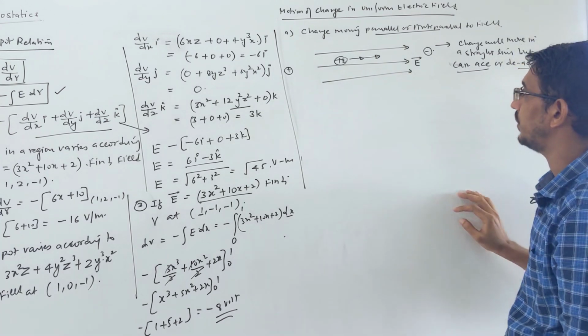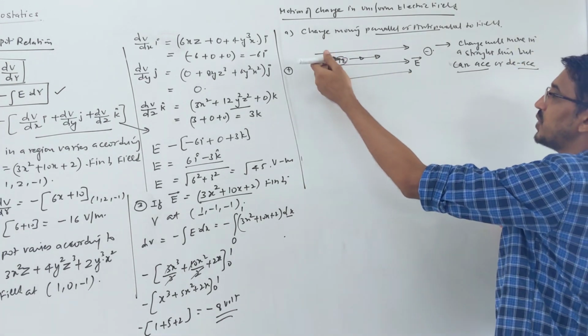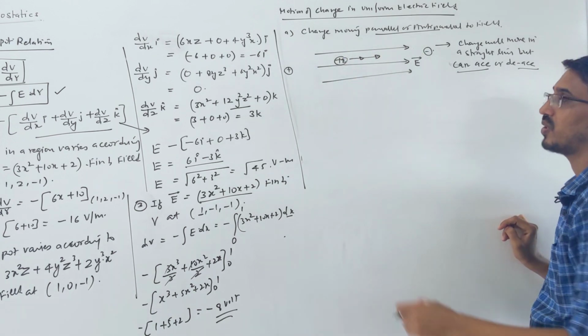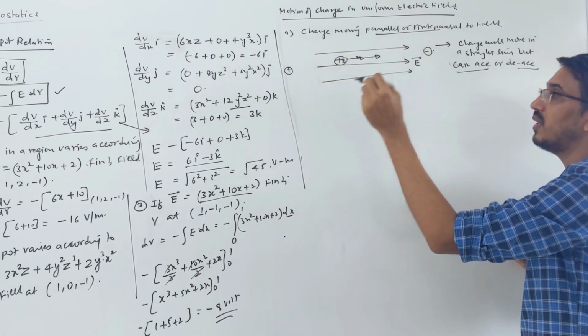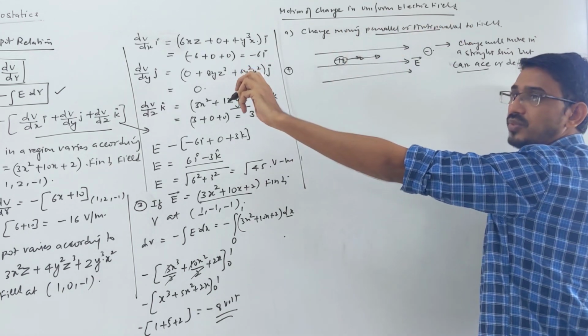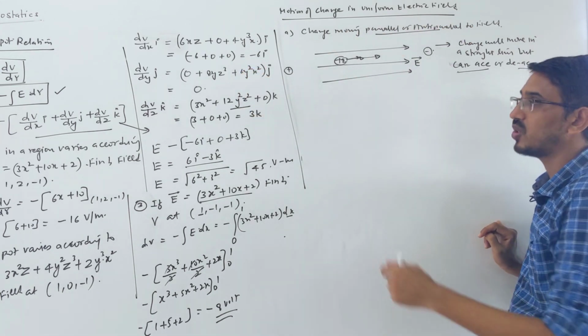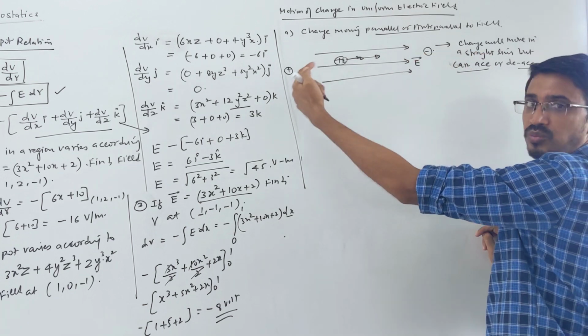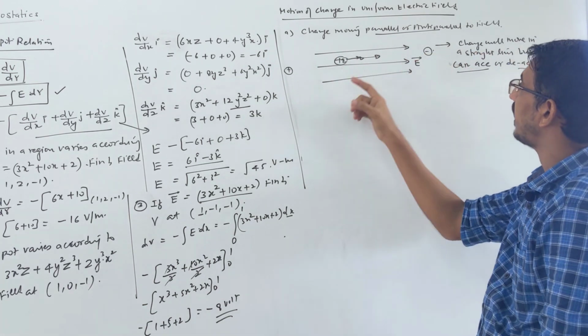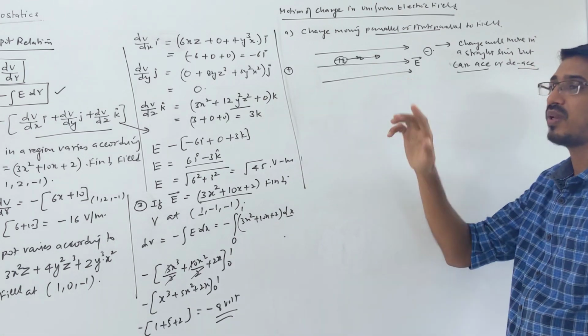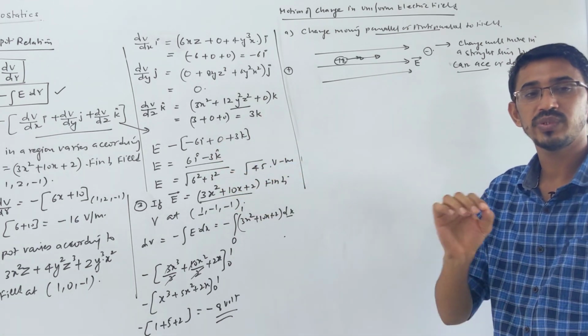So if you fire a positive charge in this direction, its velocity will increase, because the electric field is in this direction and the force qE will be in this direction only. But a charge fired in that direction, its velocity will decrease, because the force is in this direction, so it will oppose the motion. So when a charge moves parallel or anti-parallel, either its velocity will increase or decrease, but it moves in a straight line.